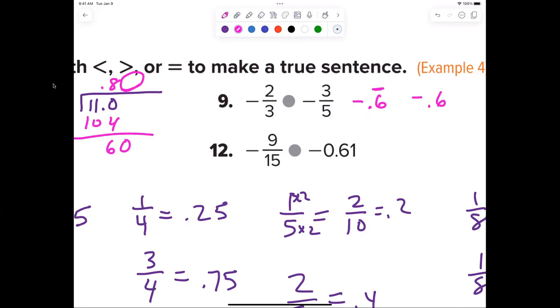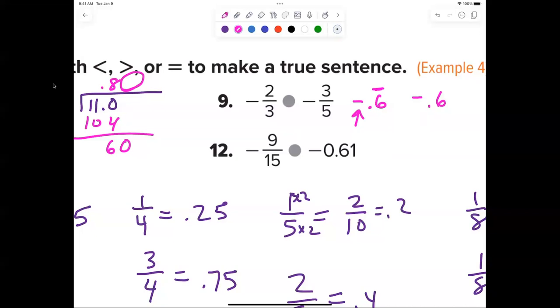All right. So now my question is 0.6 repeating compared to 0.6. And don't forget they're negative. What are you thinking, Milo? Now most of the time it would be greater, except they're negative, right?